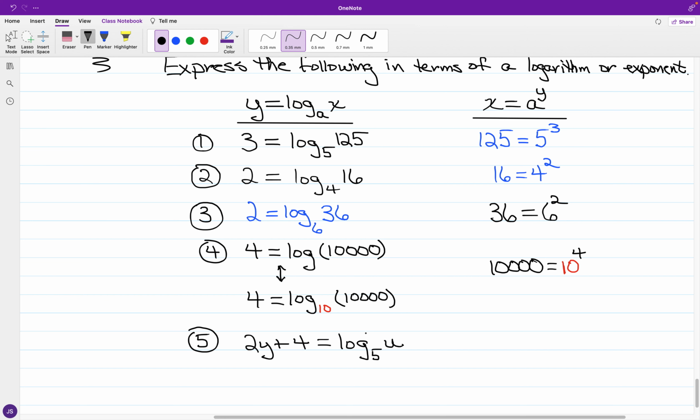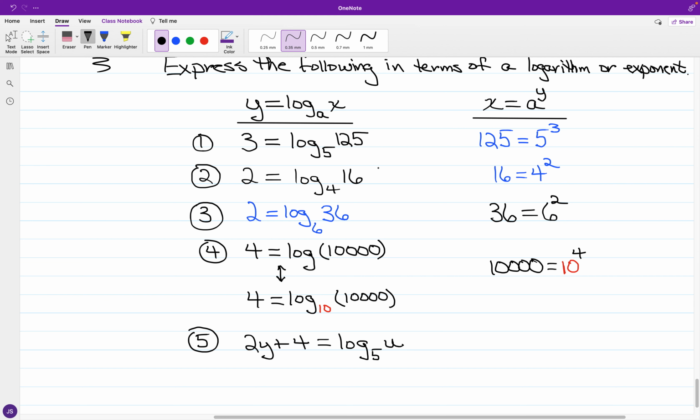While we have y, a, and x in the formula as single letters, any one of these, up to all of them, could be multi-term expressions. So if you notice here, y is represented not just by y, but 2y plus 4. A is represented by 5, and we have x represented by u.